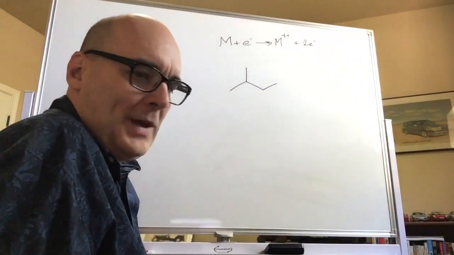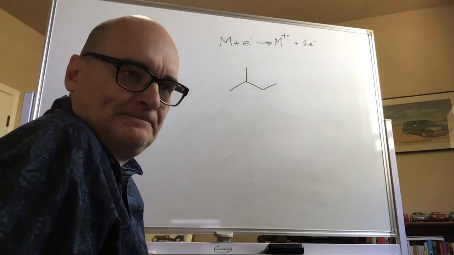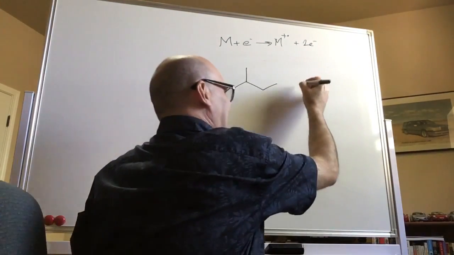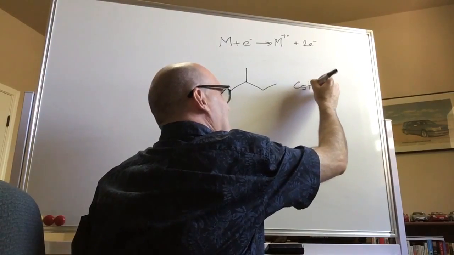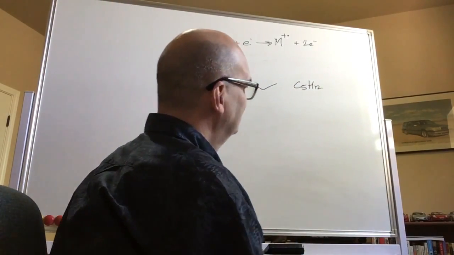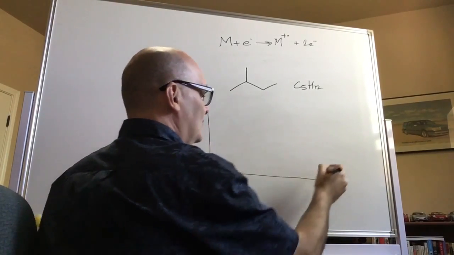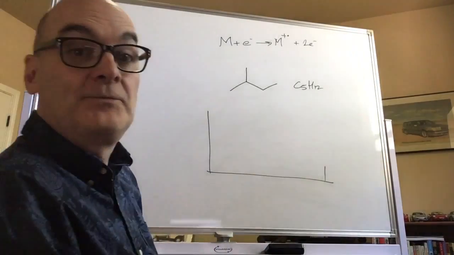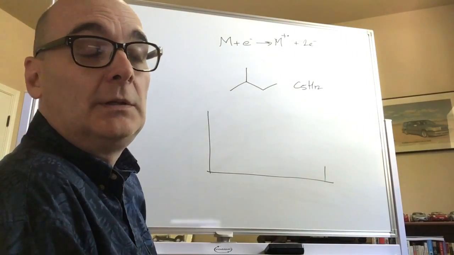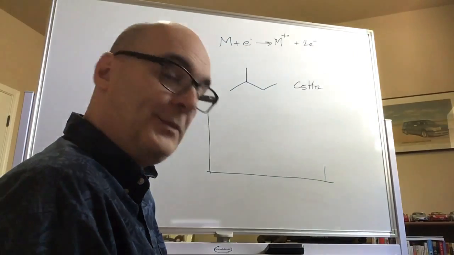This is 2-methylbutane, but it's still C5H12, right? So its molecular ion is the same as it was in our previous example.